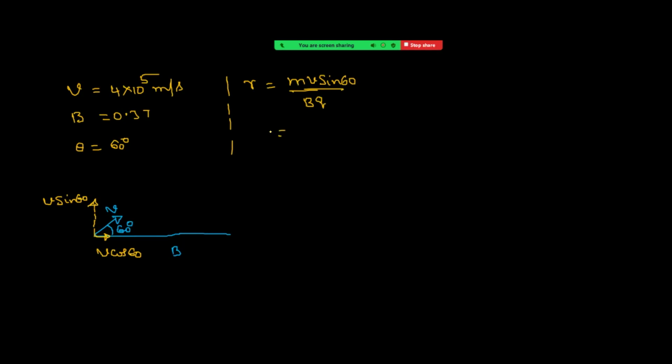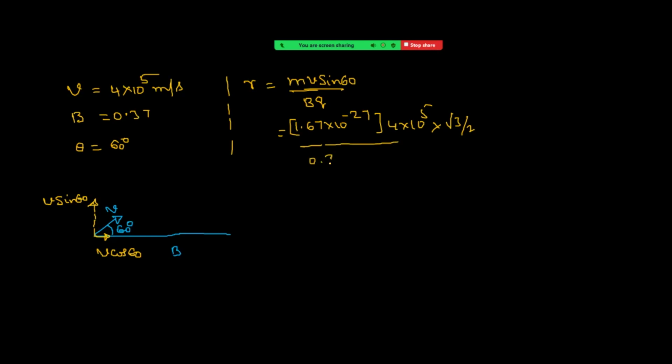And now we have to substitute values in this. Given it is a proton and mass of proton is 1.67 × 10 power minus 27. And speed is given 4 × 10⁵, sin 60 √3/2.